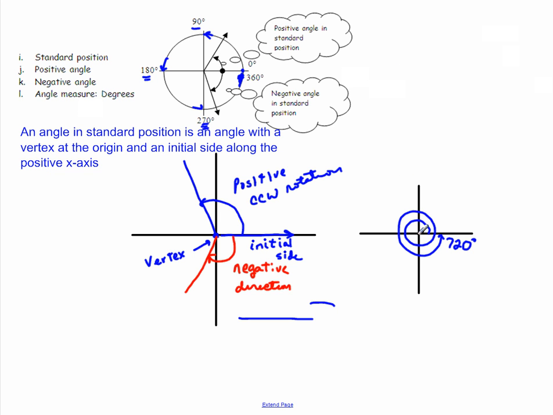If we measured an angle of negative 270 degrees, negative 270 degrees is the equivalent of saying it's coterminal with the angle positive 90 degrees. They both terminate in the same position. So we call those coterminal. And we'll talk about those coterminal angles in a moment. Okay, so more to come.